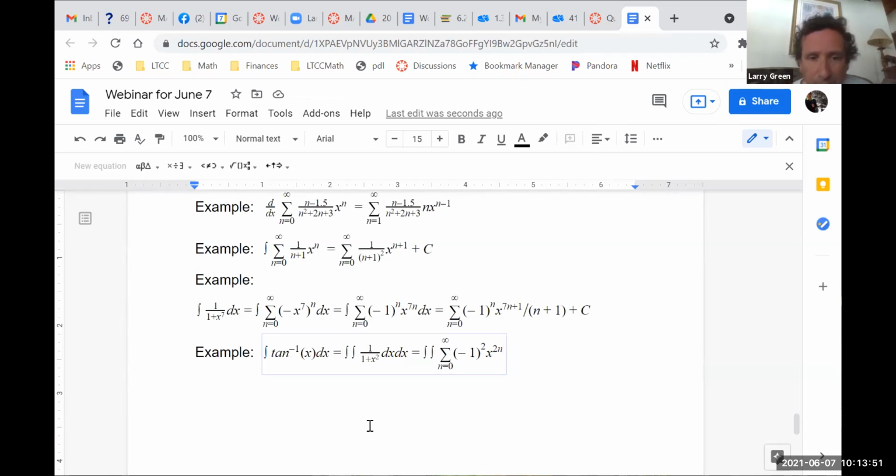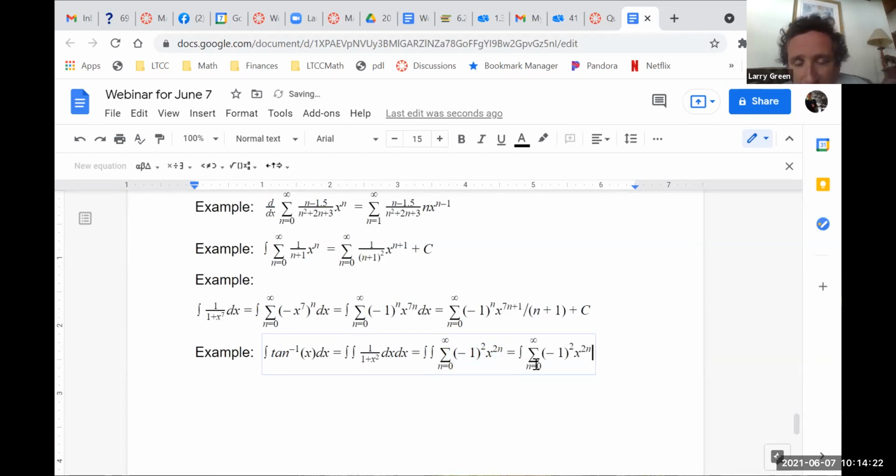Any questions so far? There is a plus c here. Actually, there's not a plus c until we integrate. So now we're going to integrate. That's equal to, I think the easiest is copy and paste without one of the integrals.